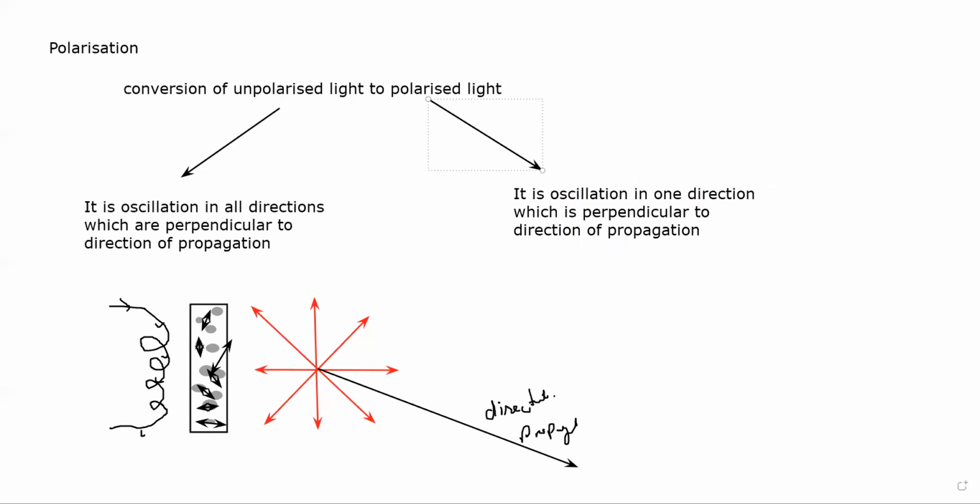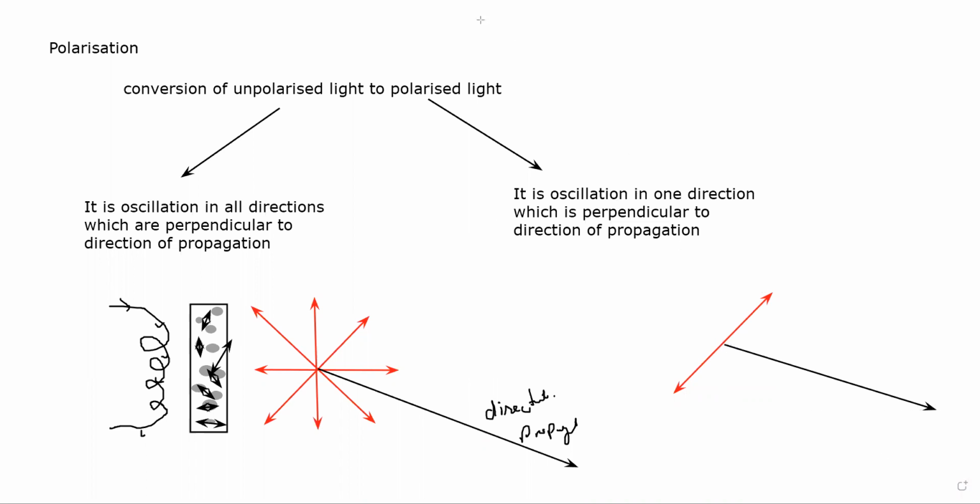That light is called polarized light. You can convert unpolarized light into polarized light. As you can see, it can be any plane, any vibration, but only one component is there, and the direction of propagation is 90 degrees to the direction of vibration of the plane.